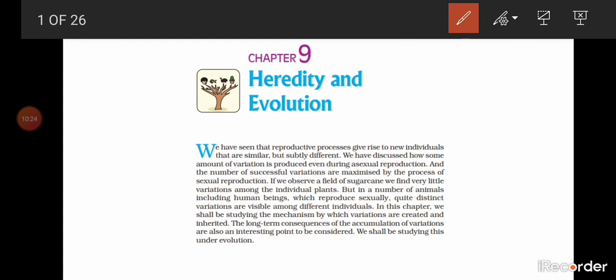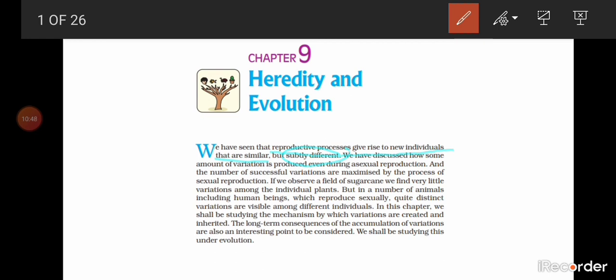We have seen that the reproductive process gives rise to new individuals that are similar. That we learned in the previous chapter. All organisms, whether they undergo asexual reproduction or sexual reproduction, we can see some variations. But subtly different, S-U-B-T-L-Y, subtly. What do you mean by subtly different? Slightly different.